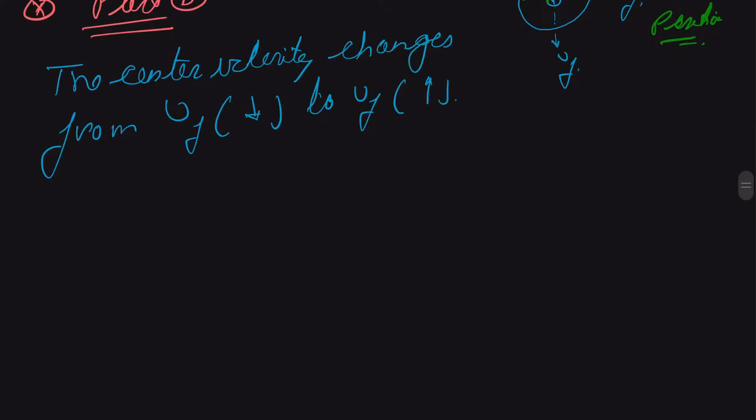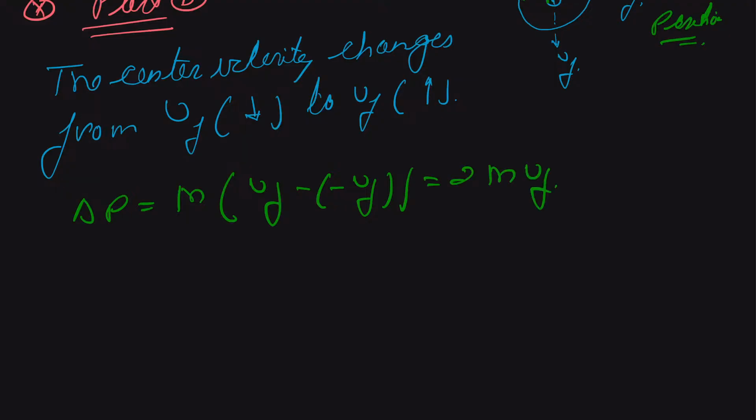Therefore the change in momentum, that is our delta p, will be equal to m times vf minus of minus vf, and this will be giving us twice m vf.